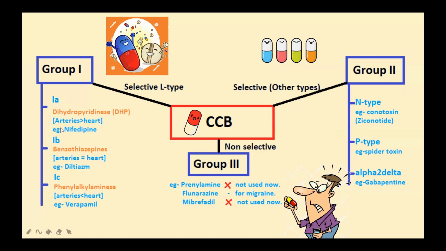Examples for Group 1A dihydropyridines: nifedipine, nimodipine, clevidipine, with the suffix dipine. For Group 1B, I can give diltiazem. We call this 1B class the intermediate class because they have almost the same selectivity for arteries and heart. And 1C, as I told you, mainly acts on the heart, with a negative inotropic effect: verapamil.